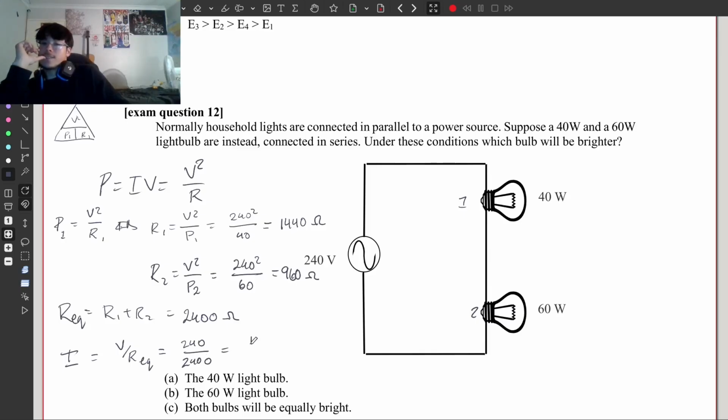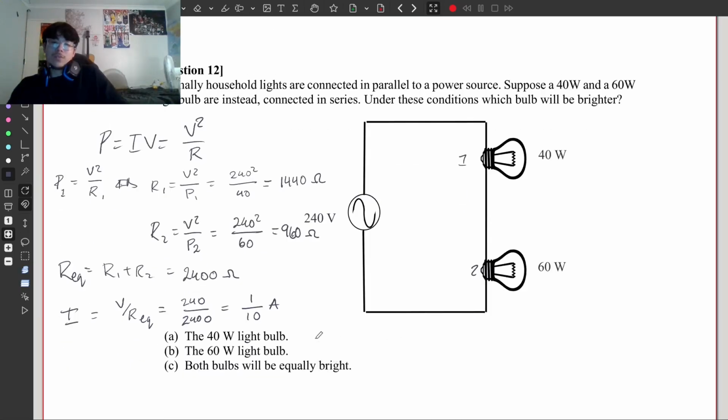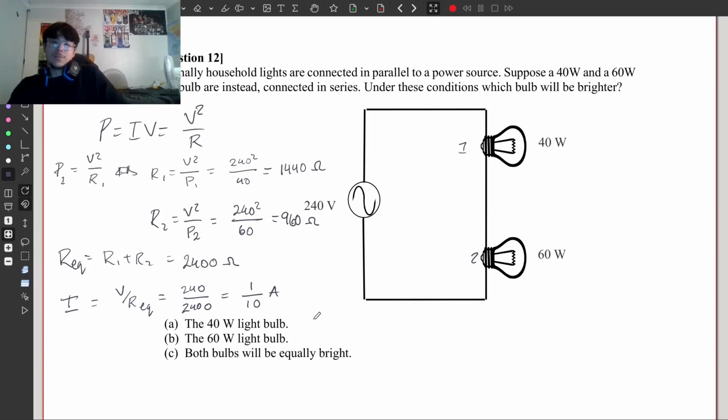So you can see that this is just 1 over 10, because this is just 24 over 240. You just divide everything by 24, and you get 1/10 amps. So this is what runs through each of the bulbs.